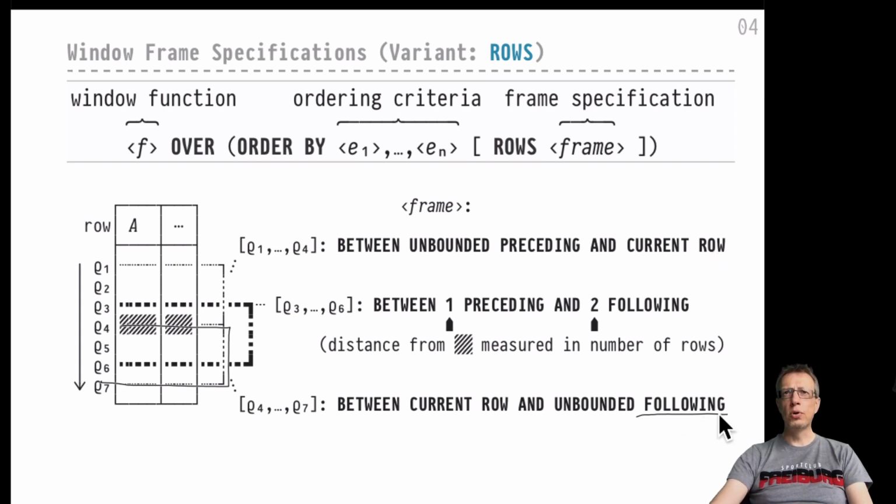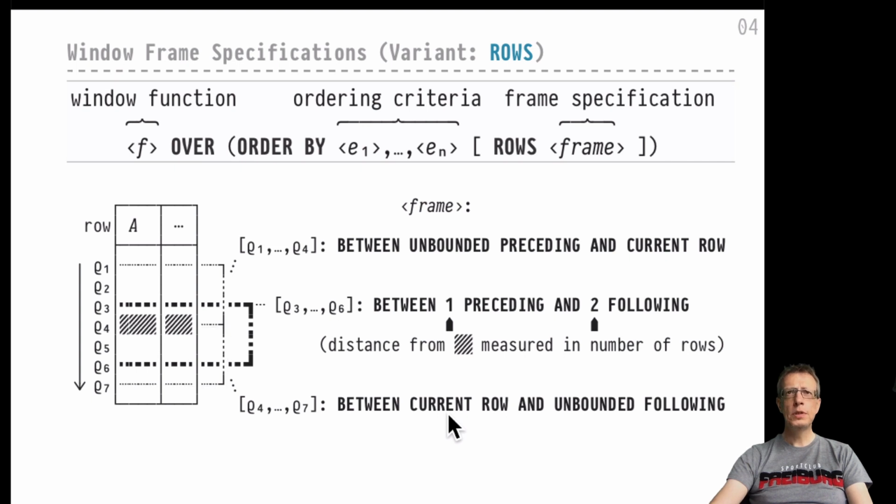Of course only one of these may go in the place of the frame specification here. I'm using this slide to depict more than one possibility of computing frames, just to keep the exposition compact here. So row 4, the current row, till the entire end of the table, row 7, would be in the scope of this particular frame.